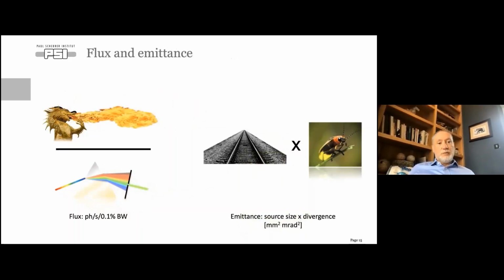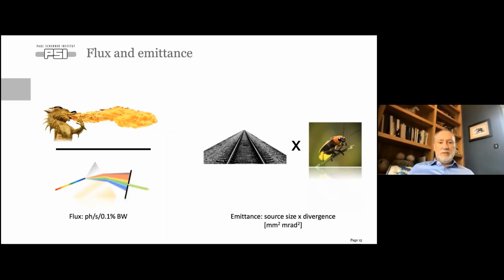First, spectral flux, which is defined as the photons per second per 0.1% bandwidth, and the emittance, which is simply the source size in units of square millimeters, and divergence in units of square milliradians.